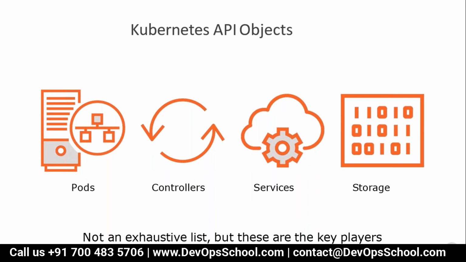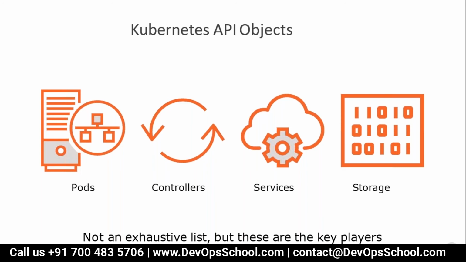Do you want pods? Put it in YAML. Do you want controllers? Put it in YAML. Do you want services? Put it in YAML. Do you want storage? Put it in YAML. Do you want security? Put it in YAML. Do you want load balancing? Put it in YAML. Do you want anything? Put it in YAML. So your job is just to learn these Kubernetes API objects.